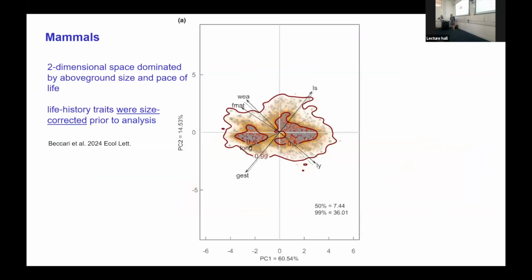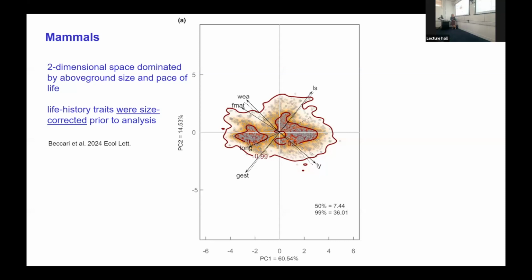And very, very recently, this time for animals, there is the work by Eleonora Beccari and the Carmona group and the Salguero group with mammals. They found that the global mammal phenospace can be captured by 2 dimensions, dominated by the slow-fast continuum here.